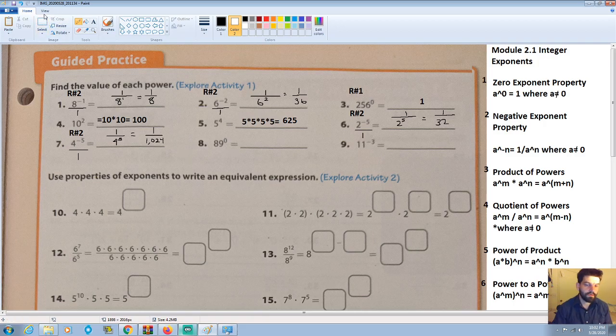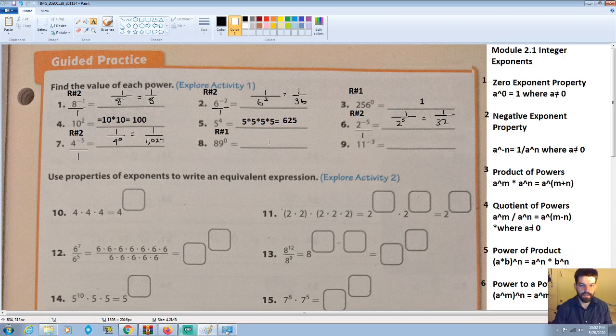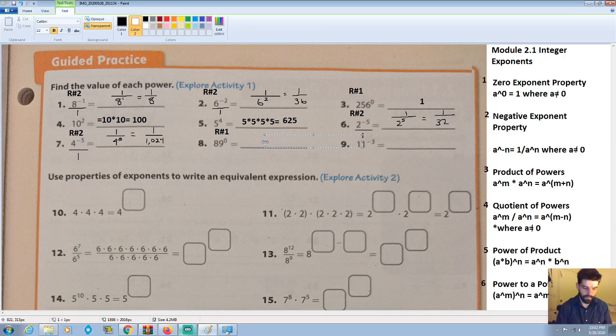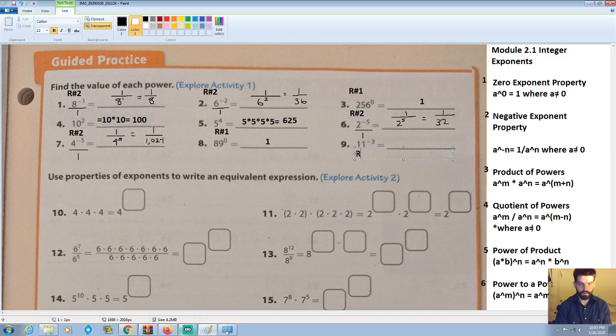Okay, so number 8 here is going to be 89 to the 0 power. That's going to be rule number 1. So any non-zero value to the 0 power is just going to be 1. And then 11 to the -3 is going to be rule number 2 again.